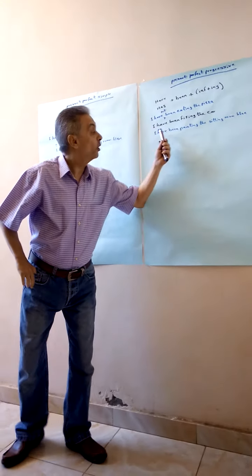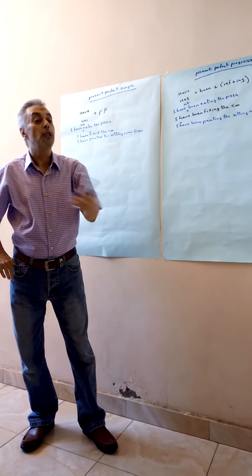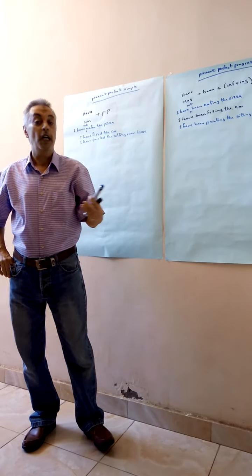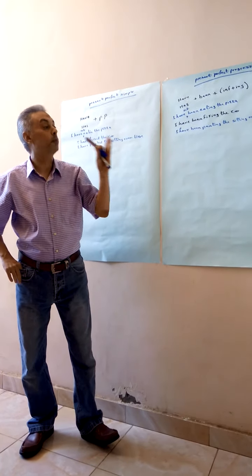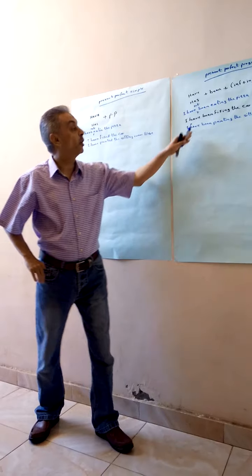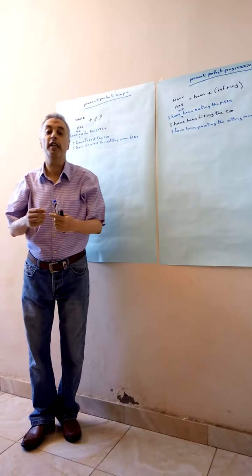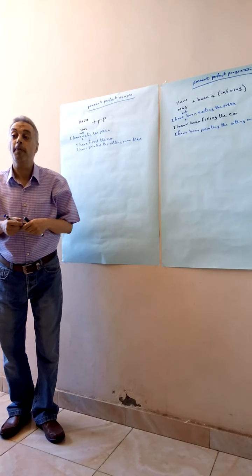We are focusing on the activity itself. If you look at the room, you will not find all the walls are blue. Some walls will be blue and some other walls will not be blue because it's an unfinished activity. We are focusing on the continuity of the activity or the action.